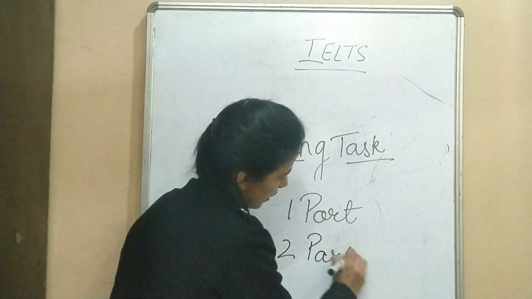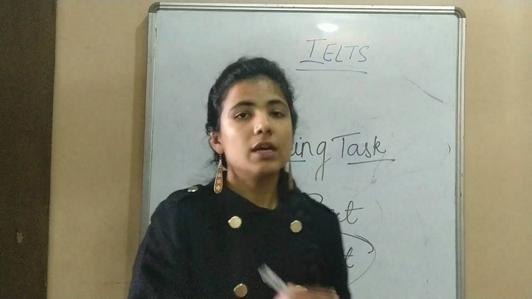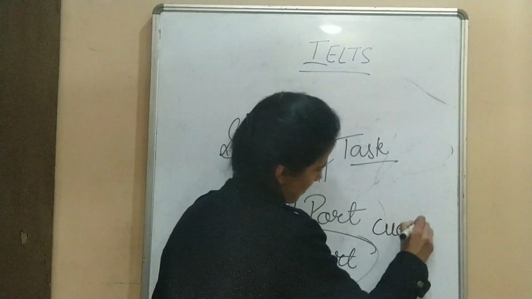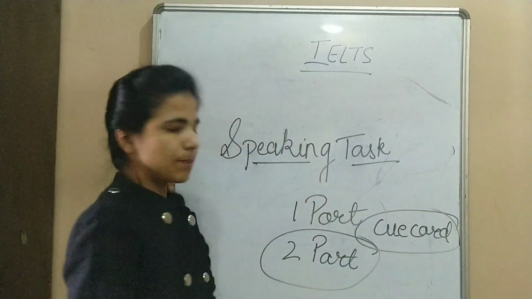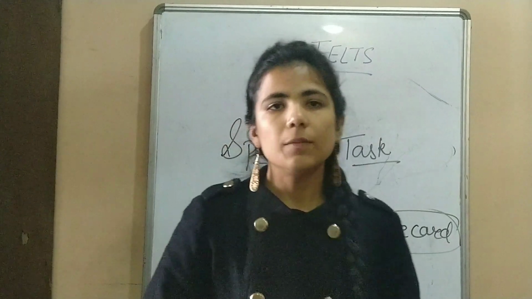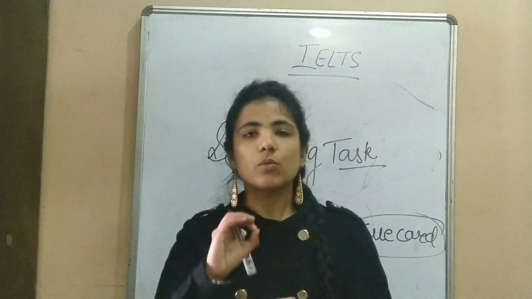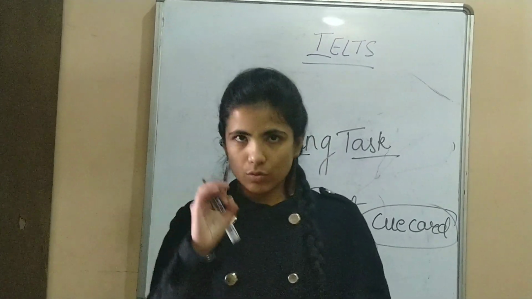This is the part where I find most of the students confused, and a lot of questions come here. The second part is the cue card section. What is this? In this part, you will be given a cue card on which a situation and a question will be given. You need to go through the question.